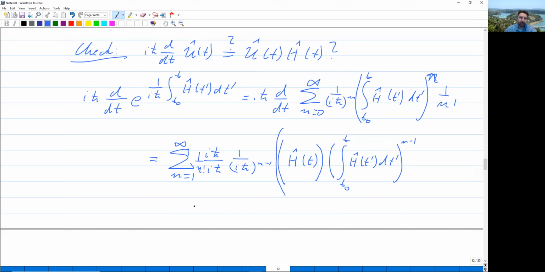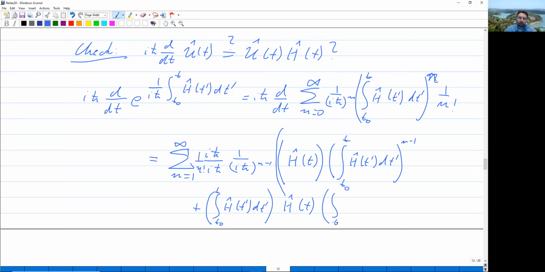Now, the second term here is obtained by leaving the first of those n factors the same. So we integrate from t naught to t, and then we have here Ĥ(t') dt'. And then we differentiate the second factor, and that gives us an Ĥ(t). And then we have n minus 2 factors left over.